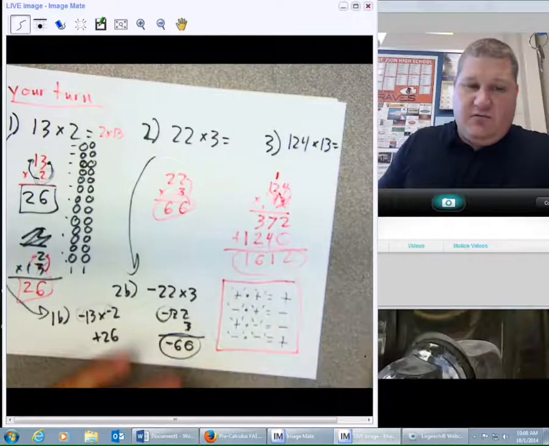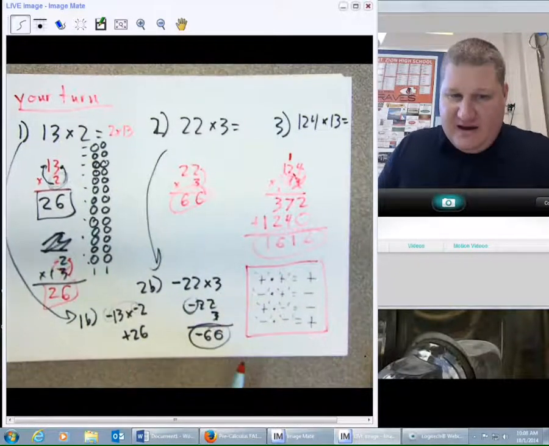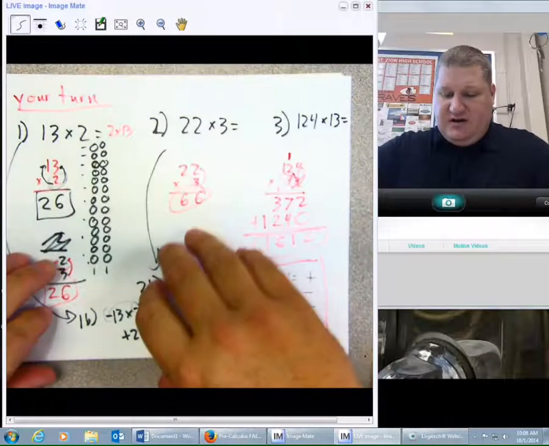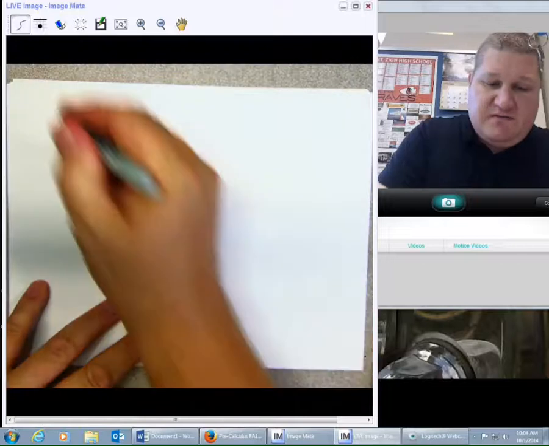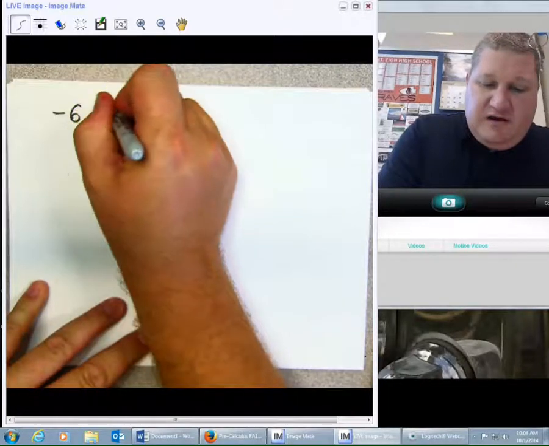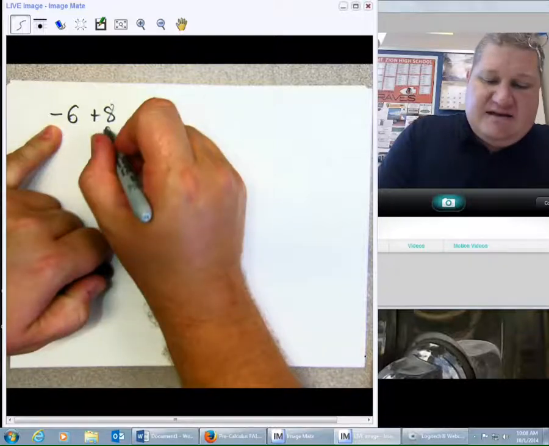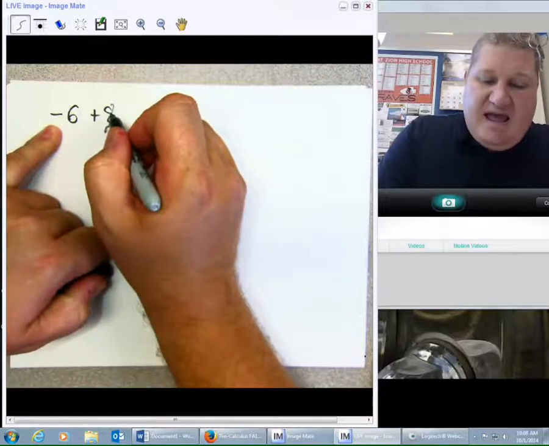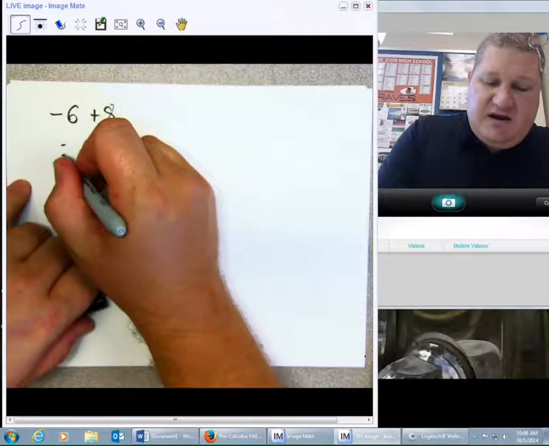If you'll remember, in addition, you take whatever's bigger. Okay? So in addition, we have something as follows. Negative 6 plus 8. Which number is bigger? The 8 is bigger. So the 8 is going to overpower the 6 because I have negative, negative, negative, negative, negative, negative.